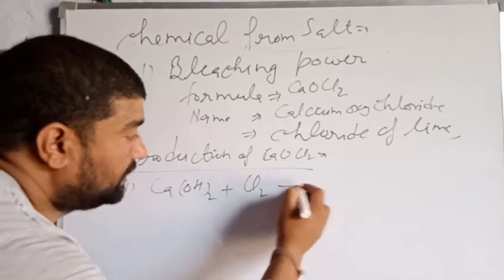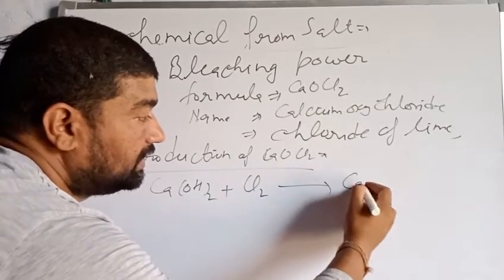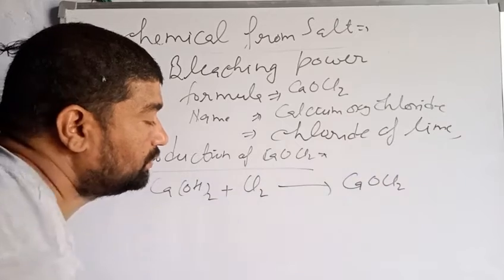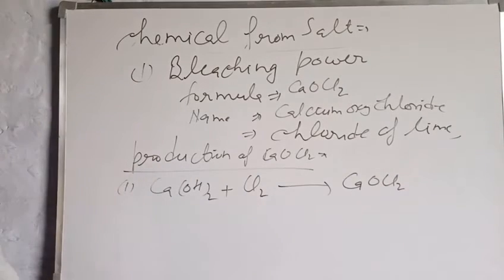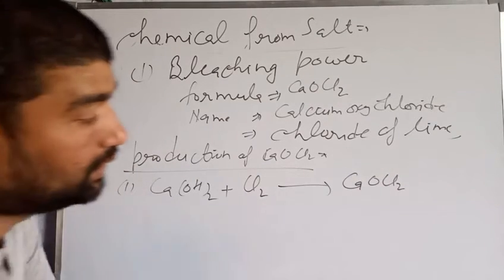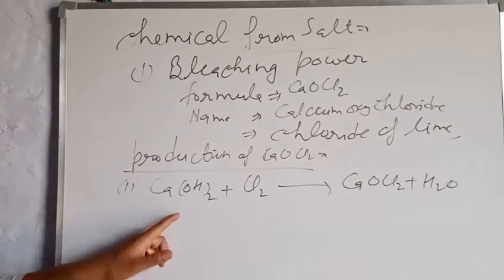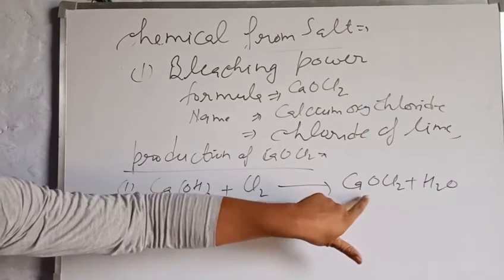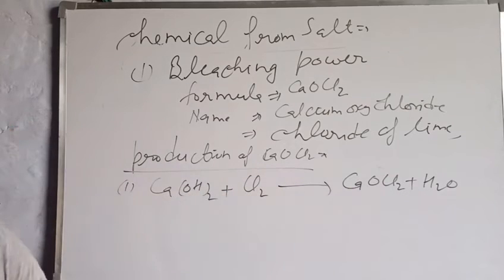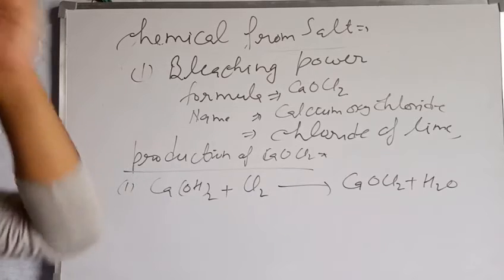With the help of chlorine gas we will obtain CaOCl2, and plus we will obtain water. So calcium hydroxide plus chlorine gives calcium oxychloride plus water. This is about the production of CaOCl2.